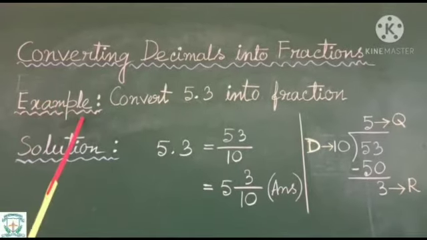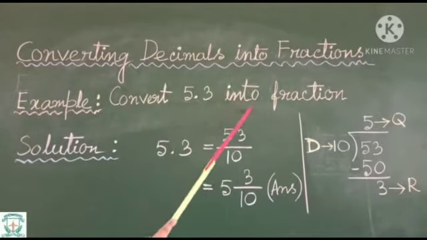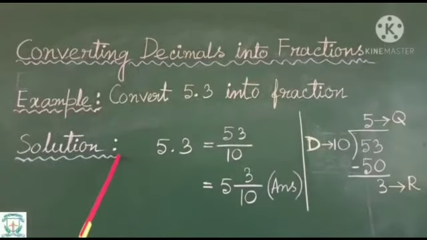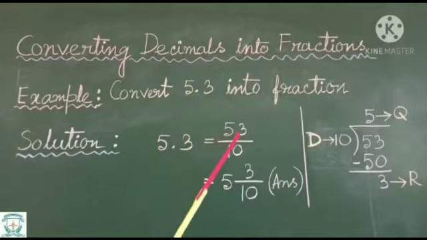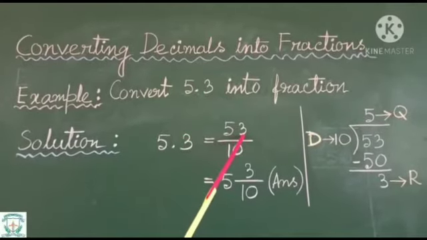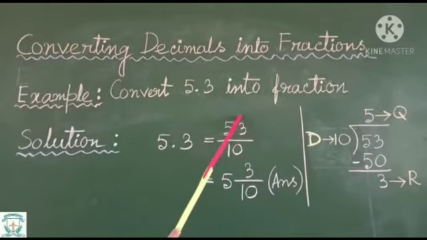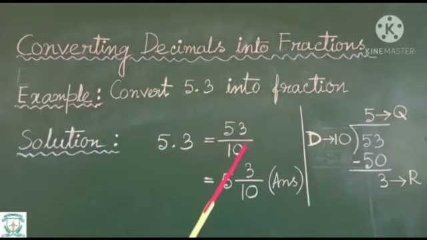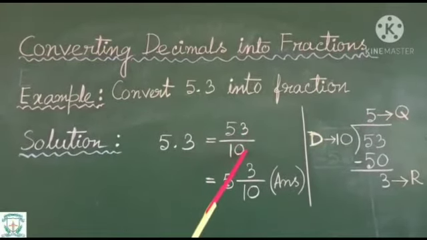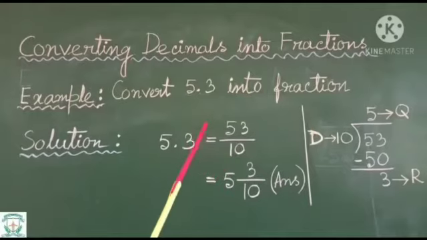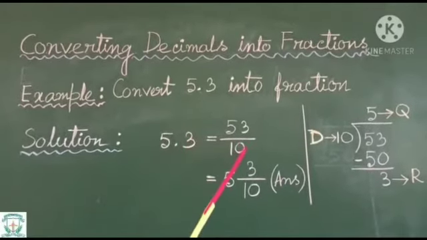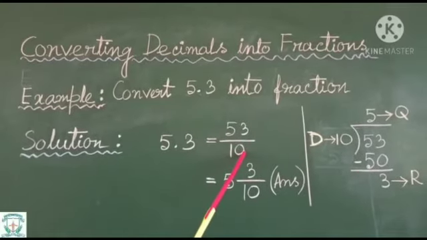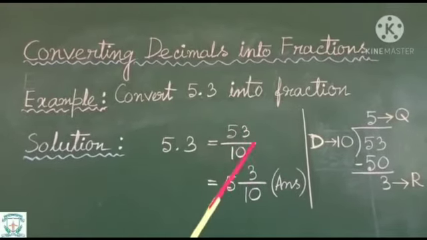Convert 5.3 into fraction. Write the given decimal number as the numerator without the decimal point, that is 53. In the denominator, write 1 followed by as many zeros as there are digits after the decimal point in the given number, that is 10.